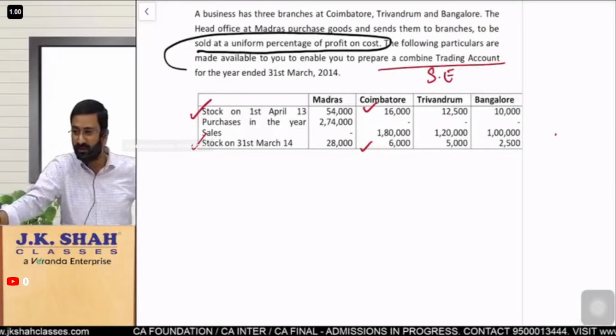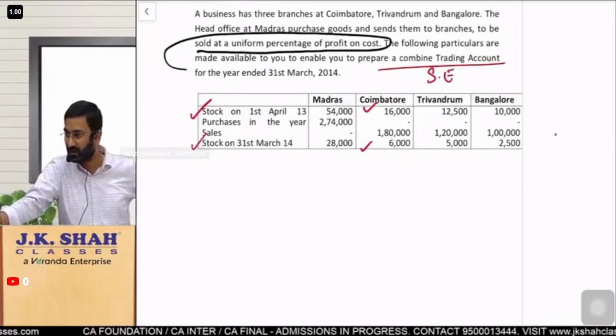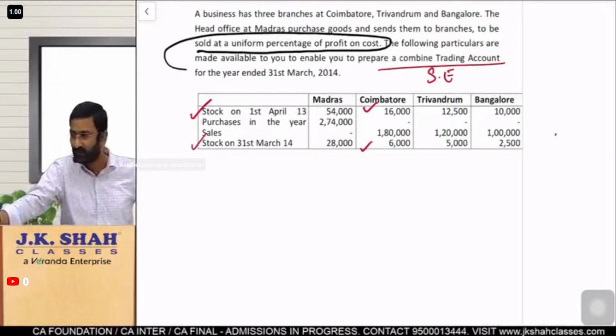You know the GP ratio formula: gross profit by sales. You know the gross profit formula also: sales minus cost of goods sold.